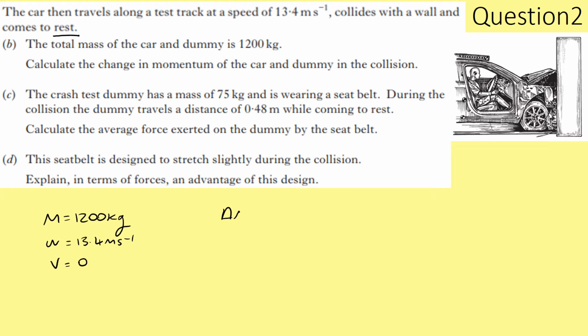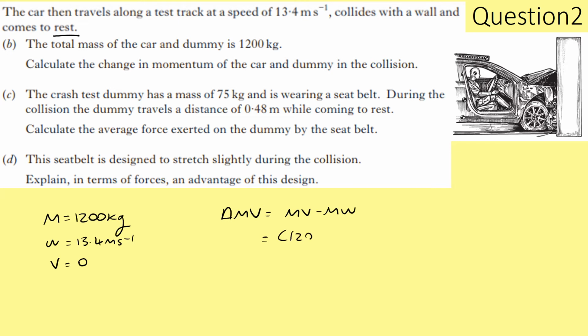So our change in momentum, delta mv, is equal to mv minus mu. Now we've got a negative sign here. We're taking two different products from each other. It's a good idea to use our brackets.